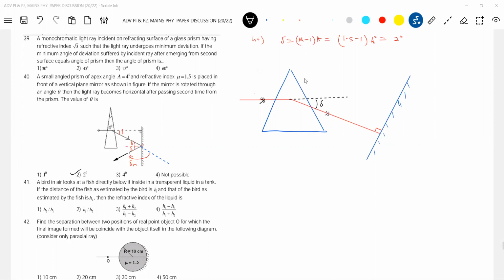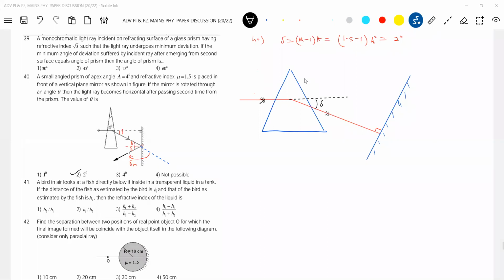Sir, it should become horizontal, it should not retrace the path. The light ray becomes horizontal after passing a second time through the prism. After getting reflected, it should pass through the prism. Okay, sir, it should be 2 degrees.